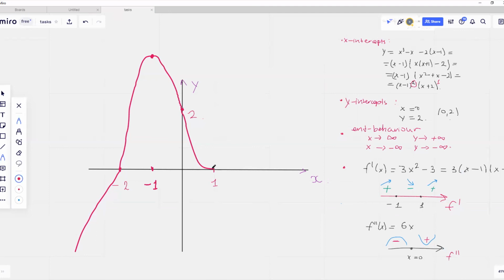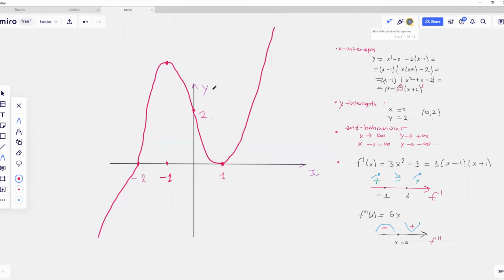Okay, at point x is equal to 1, we have even multiplicity, and our function will not change its concavity, and our function will start to increase without bound as x goes to plus infinity. Okay, so our graph will look something like that.